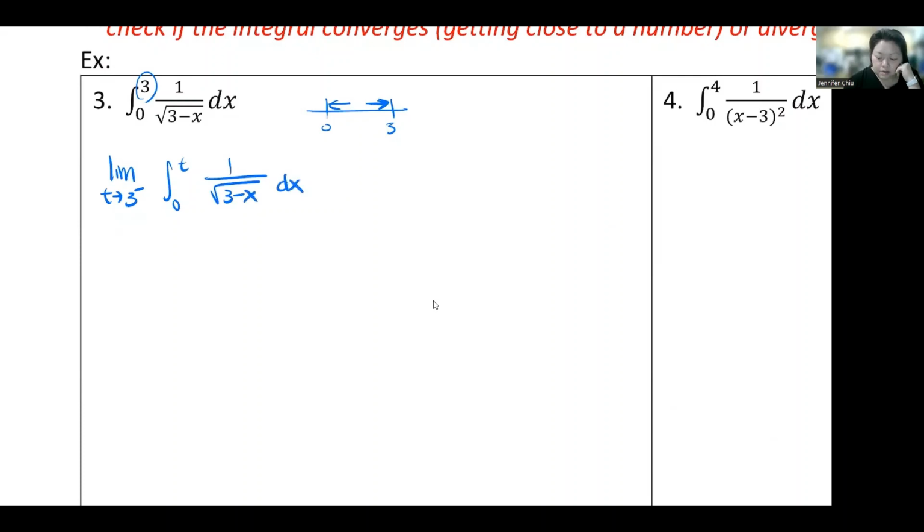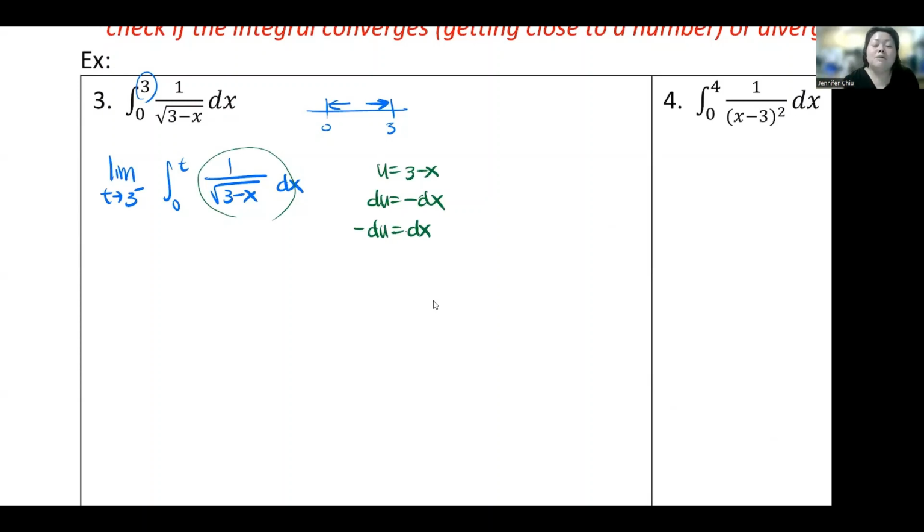Okay, so now I'm going to remind myself this I can do with u sub, right? So I'm going to do u sub there. I'm going to say u is 3 minus x, du is negative dx. I am going to move my coefficient over, so then the negative du equals dx. Now, because it's not a real u substitution, you really don't want to put the t into your u and then replace your interval.